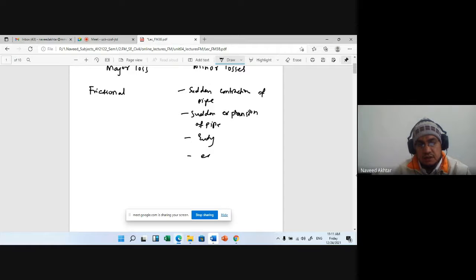Entry and exit, there are some losses. These minor losses we will see.